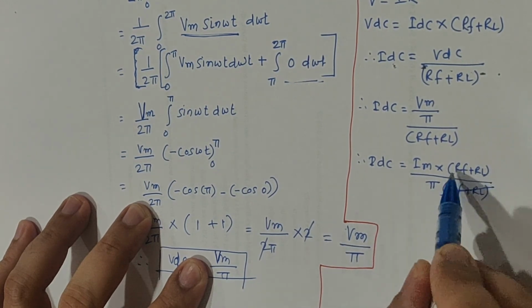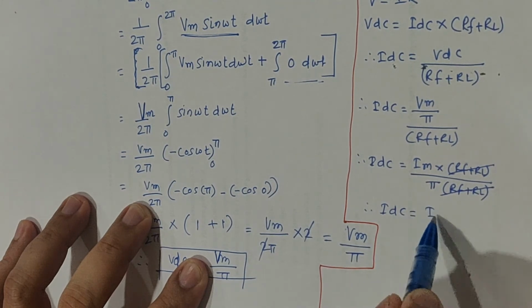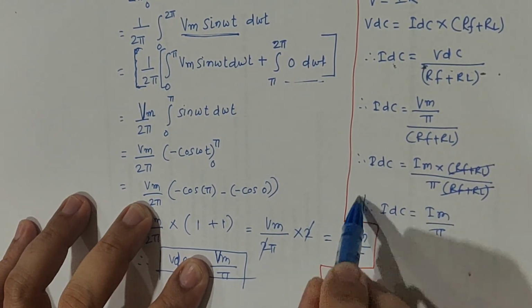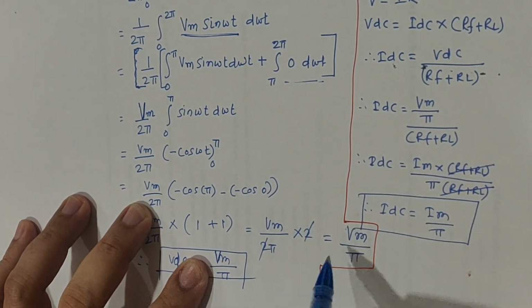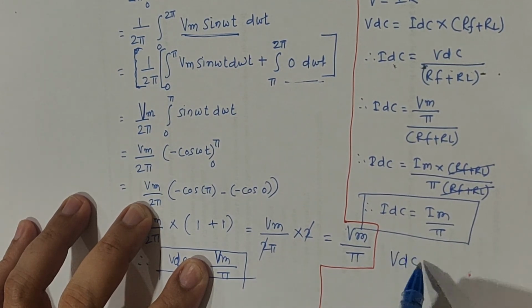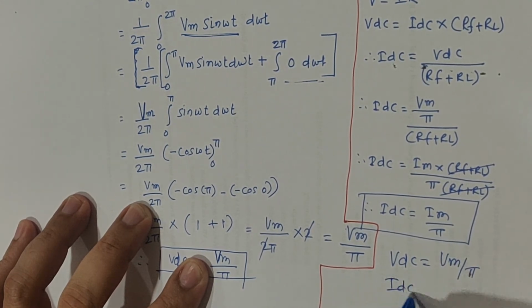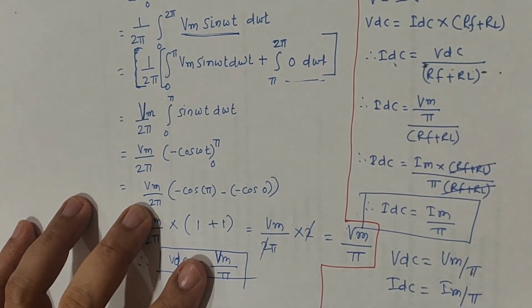So you can cancel this RF plus RL, and therefore IDC comes out to be Im by pi. So it's simple, no? VDC comes out to be Vm by pi, and IDC comes out to be Im by pi. Very easy.